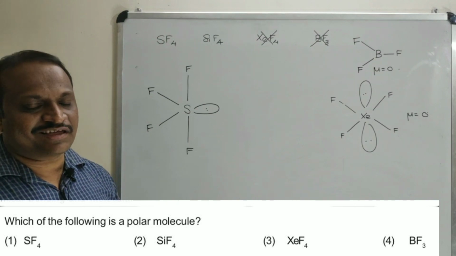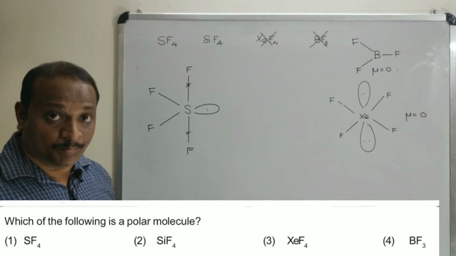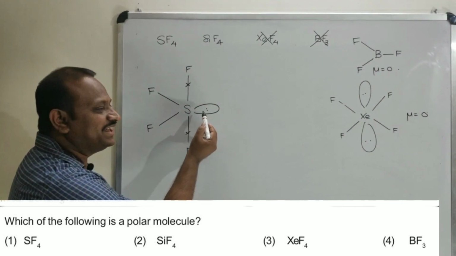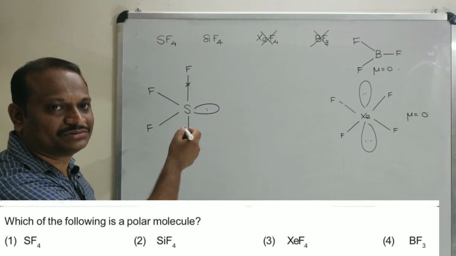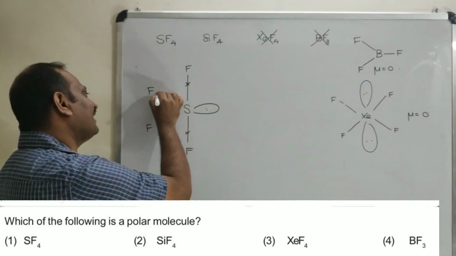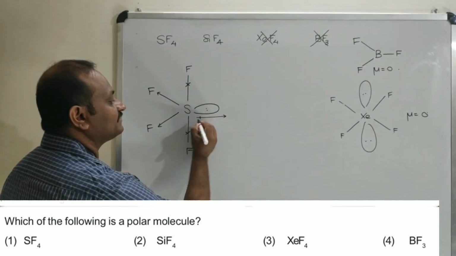In this case, these two dipoles will cancel each other. But here, this is a lone pair, and these two are definitely different. So what will happen there? Their dipoles are in this direction, but the lone pair dipole is in this direction.